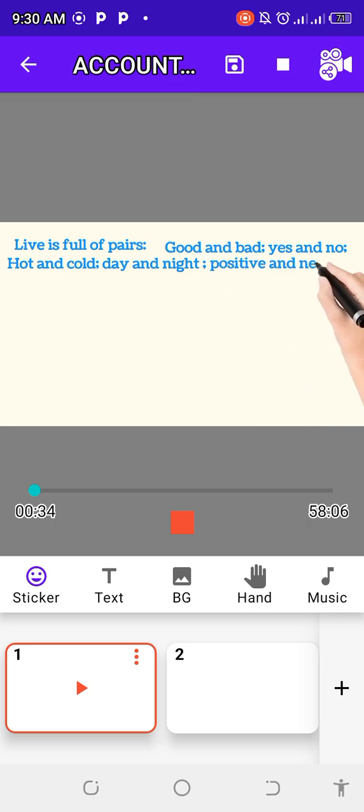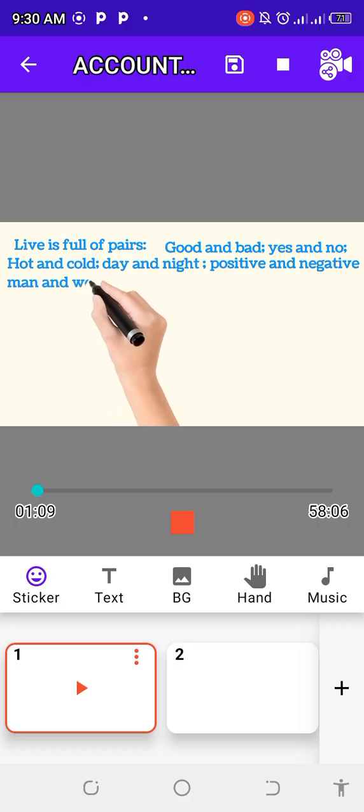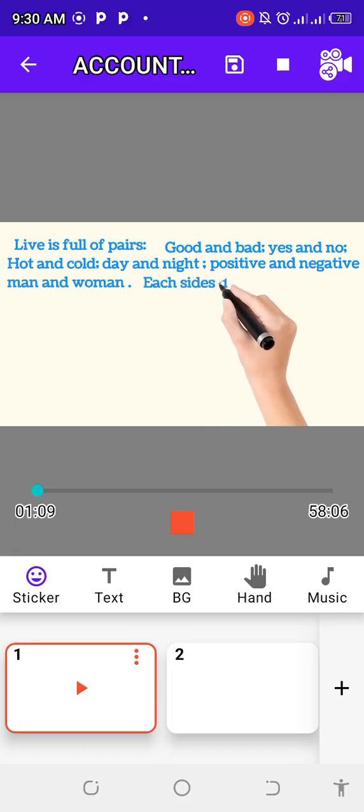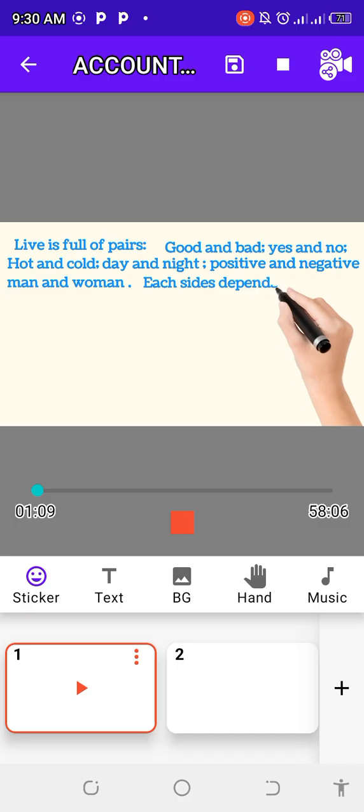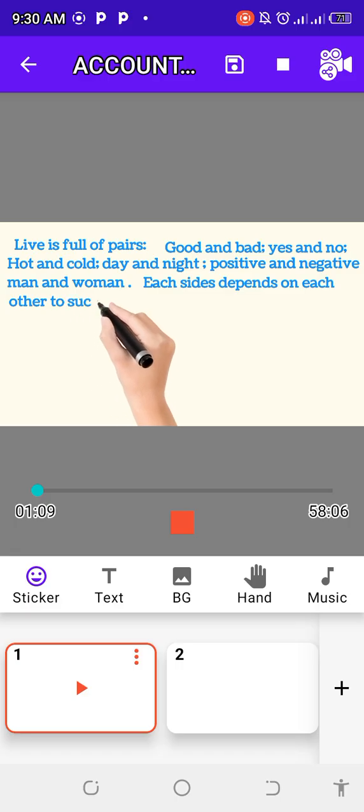Positive and negative. Man and woman. Each side of the pair depends on the other to succeed.